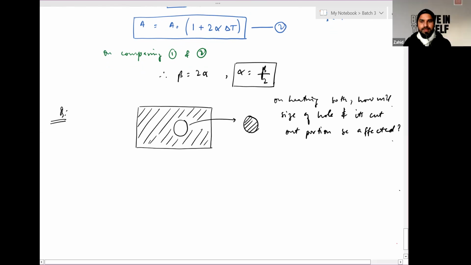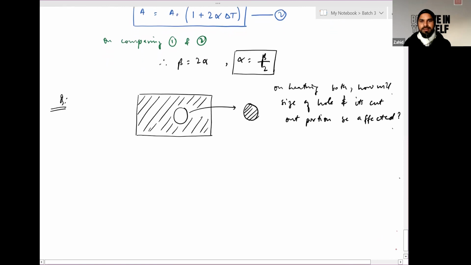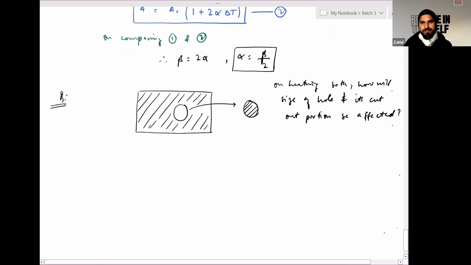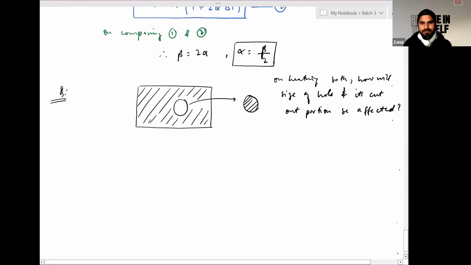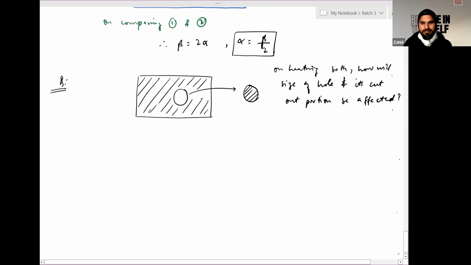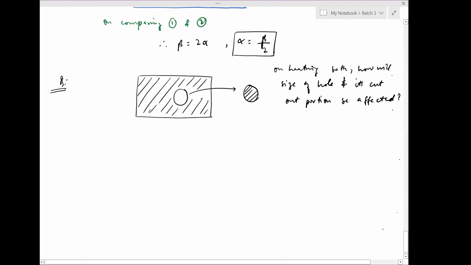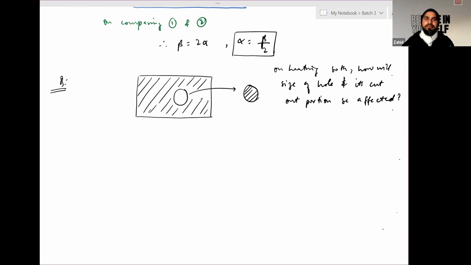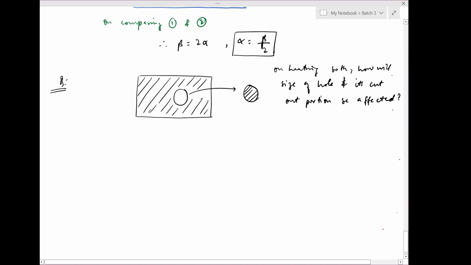Abhinav, do you want to change this answer or you'll go with this? Atif? Sir, I think the hole will shrink and the cutout portion will expand. Okay. Just think once.